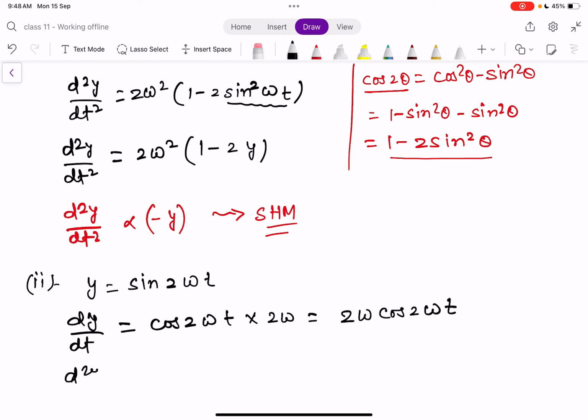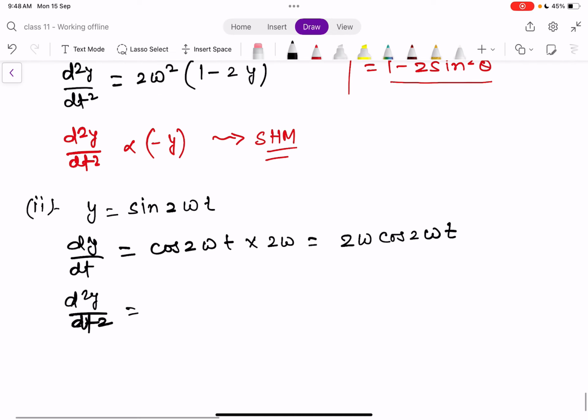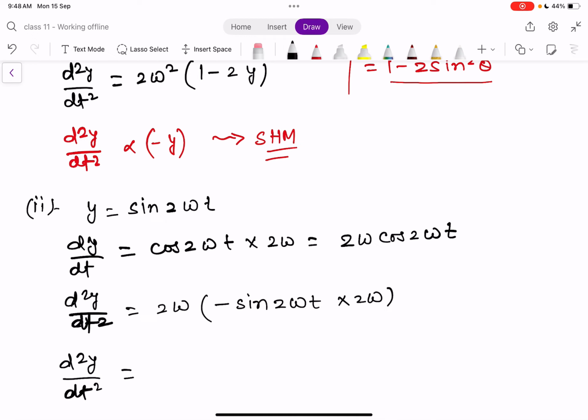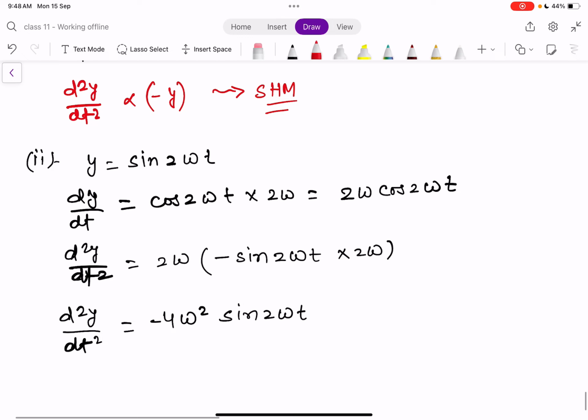Okay, again differentiating, that is d2y by dt2, which is equal to 2 omega times the differentiation of cos 2 omega t, which is minus sine of 2 omega t into 2 omega. So d2y by dt2 is equal to minus 4 omega square sine of 2 omega t, and sine of 2 omega t is equal to y.